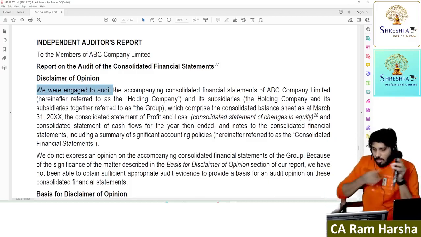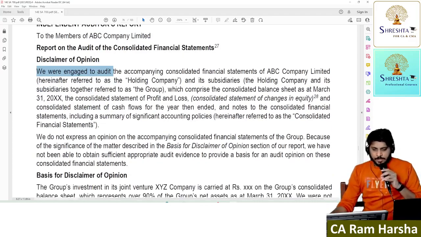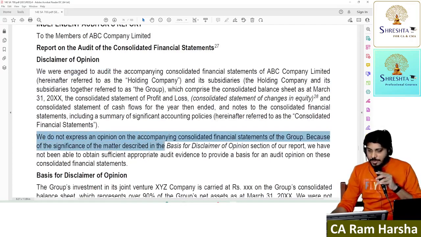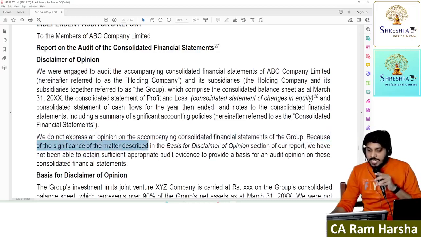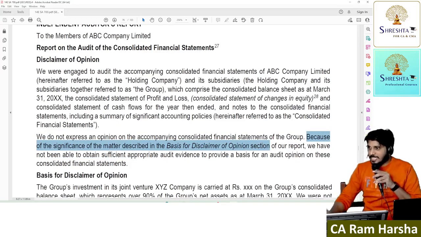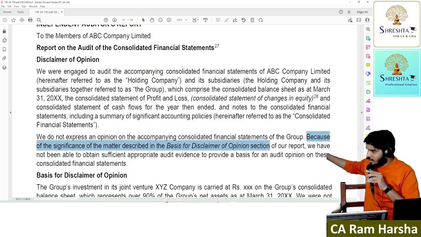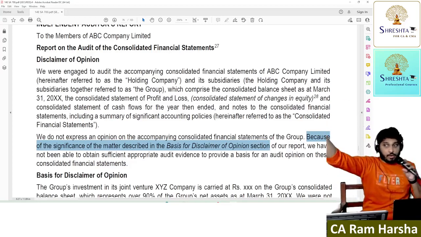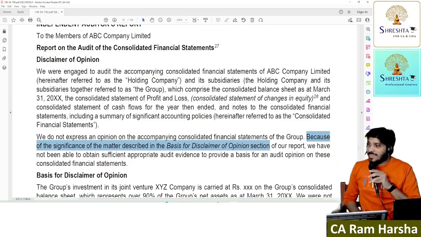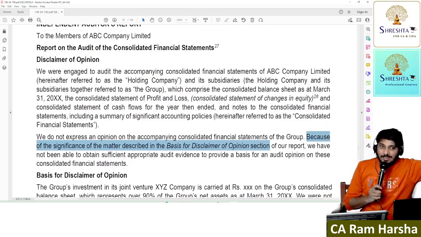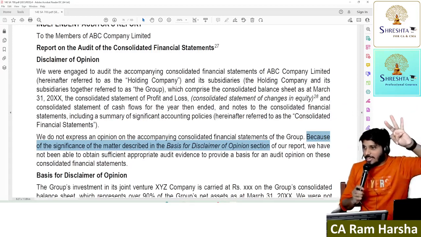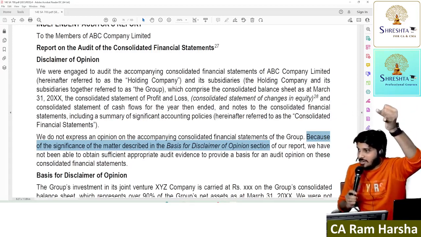Correct? Now tell me, here straight away what they are saying: we do not express an opinion on the financial statements. Why? Because of the significance of the matter described in the basis for disclaimer of opinion section. Below there is a section in which I described why I couldn't give the opinion. Can I use the words in our opinion, to the best of our information, according to the explanation, no opinion?